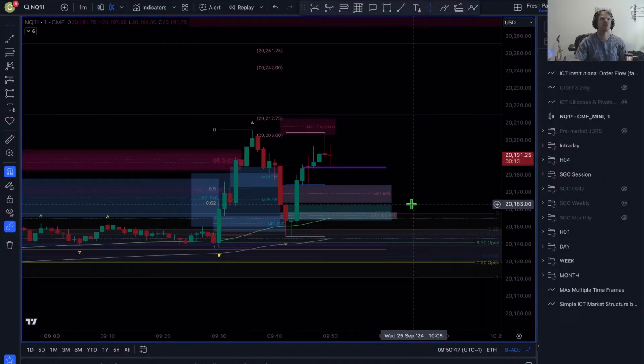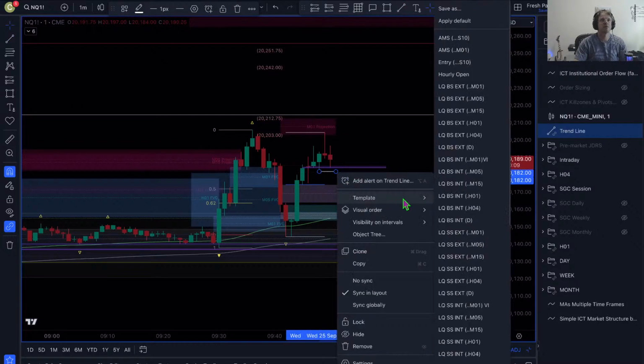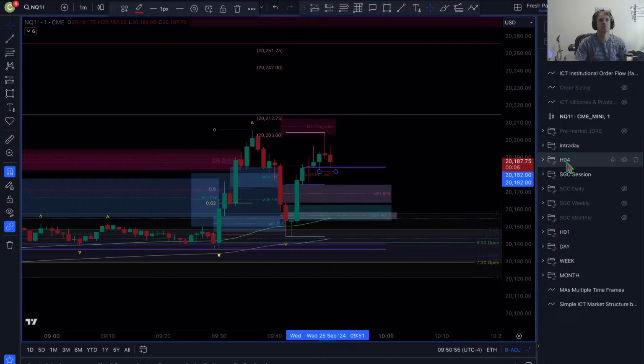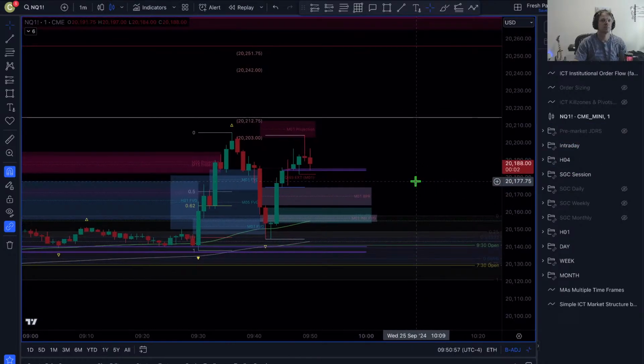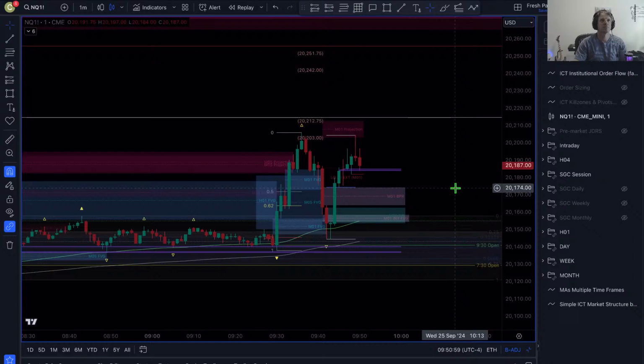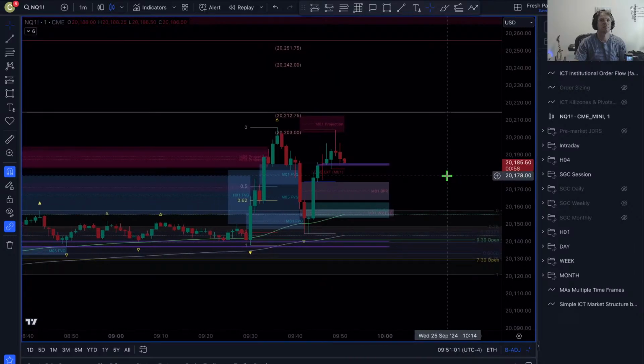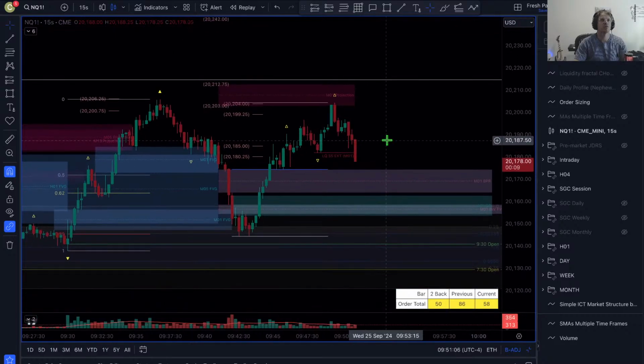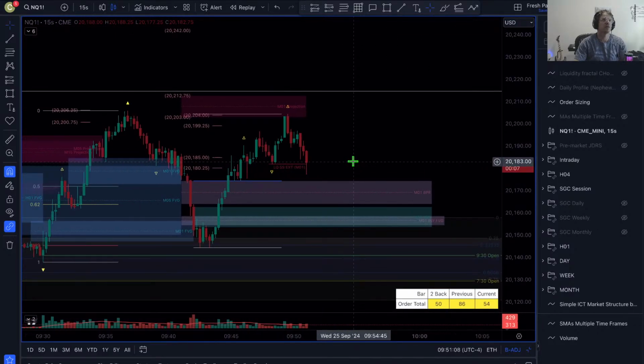Another test of this, could get a sweep of this. It would have to be a really significant reversal for me when I trade that.